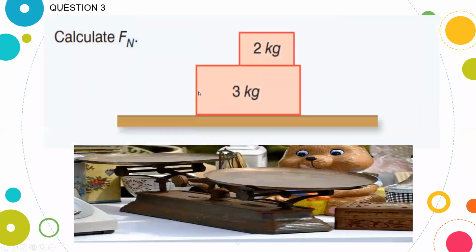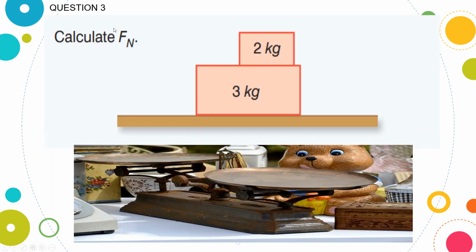Question 3 is coming. Calculating normal force with 2 objects. Okay, getting difficult. You will see it's also easy. If you know how we can draw free body diagram, just we are going to add gravitational force Fg1, Fg2. We'll just add to get normal force on surface.